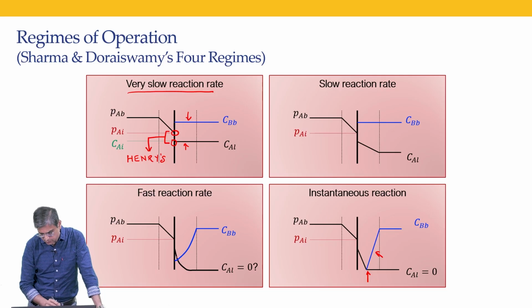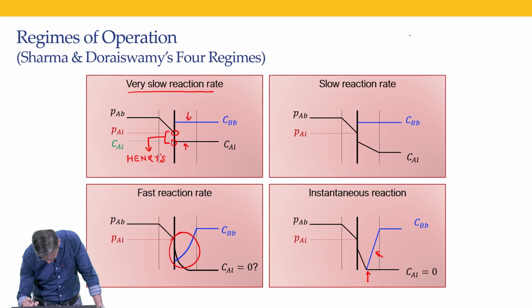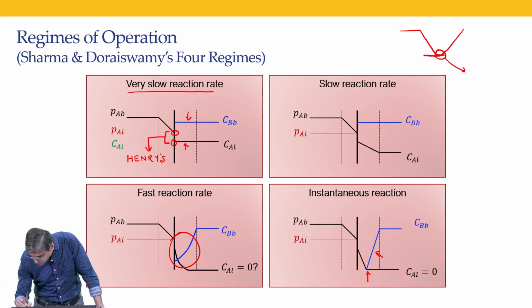On the other hand, if this particular situation was to become like this, if you are to zoom into this region, in this region your A would be falling like this and your B would be falling like this.